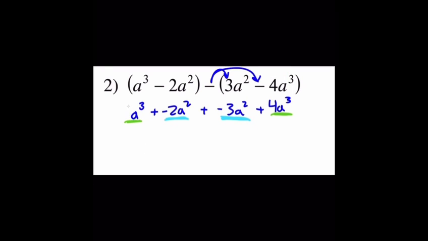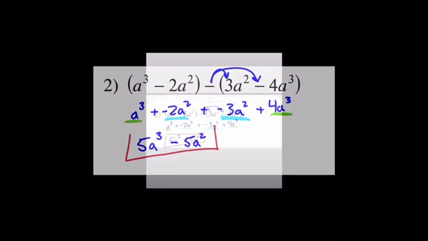So a cubed plus 4a cubed will give us 5a cubed, and then negative 2a squared plus negative 3a squared equals negative 5a squared. So the answer of number 2 is 5a cubed minus 5a squared.